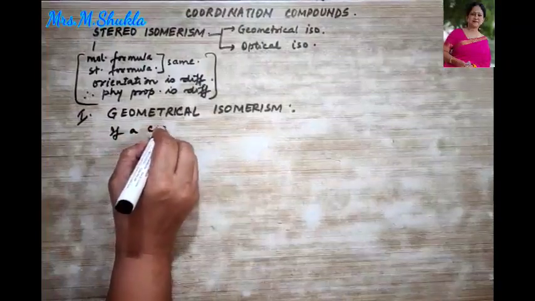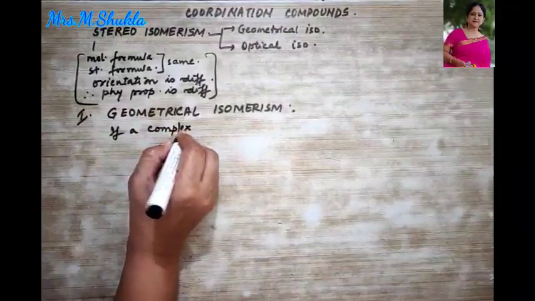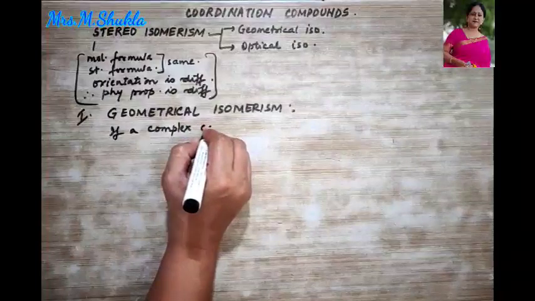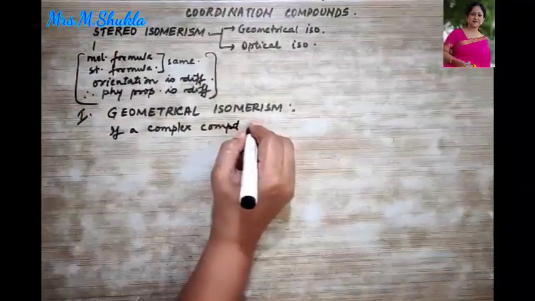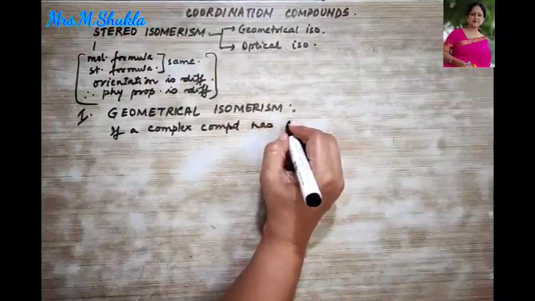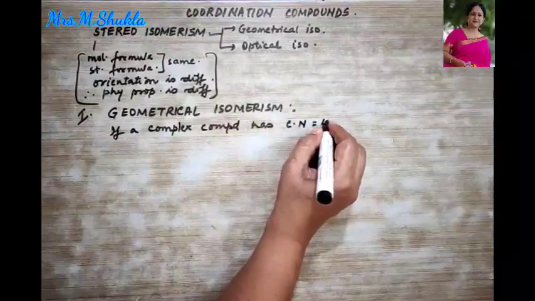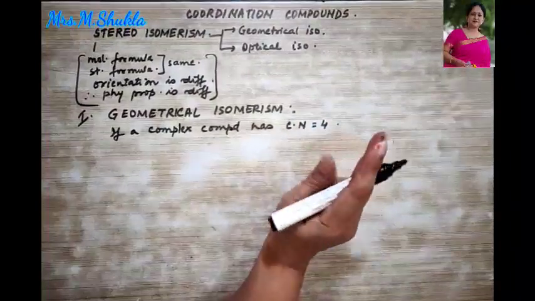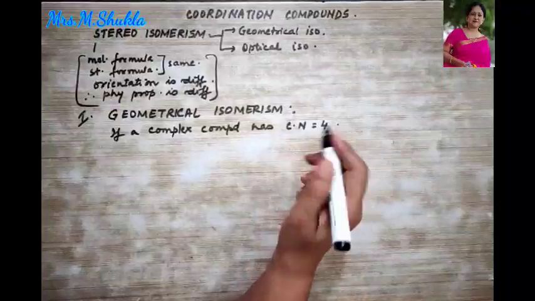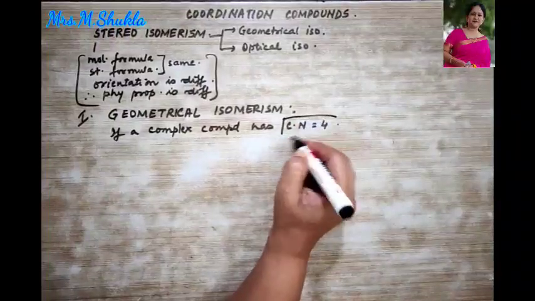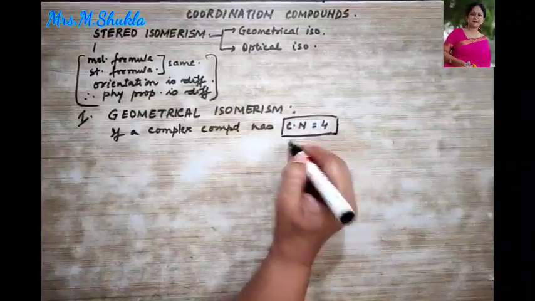If a complex compound has coordination number equal to 4, then it will show two kinds of structures. What are those two kinds of structures when coordination number is 4?